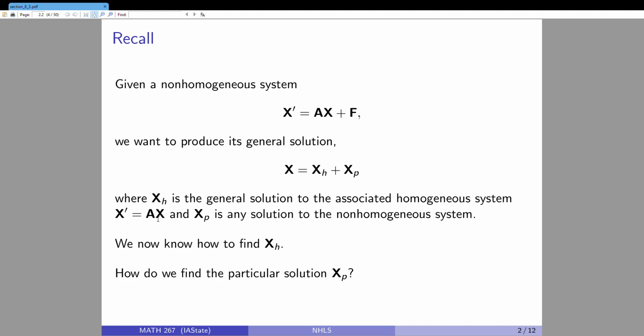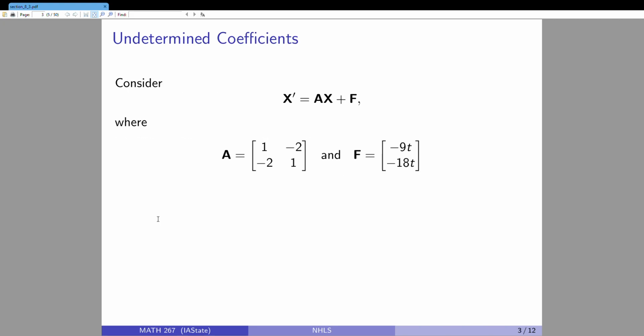As we saw there, there are pros and cons to both of them, and we expect a similar story to happen here. Let us consider x prime equals Ax plus f, where A is the very beautiful symmetric matrix 1, negative 2, negative 2, 1, and our non-homogeneous piece involves the variable t but not our unknown functions: negative 9t and negative 18t.